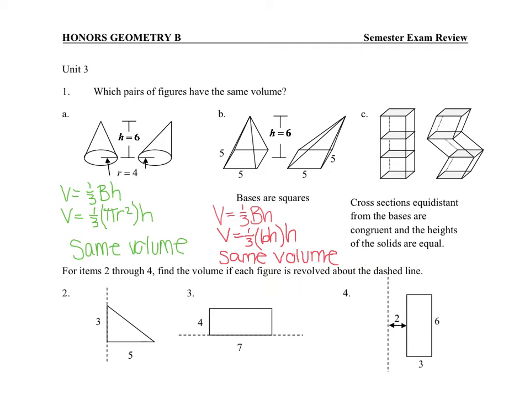Finally, we have C. And what we know is the cross sections equidistant from the bases are congruent and the heights of the solids are equal. So this is basically going to be using Cavalieri's principle.